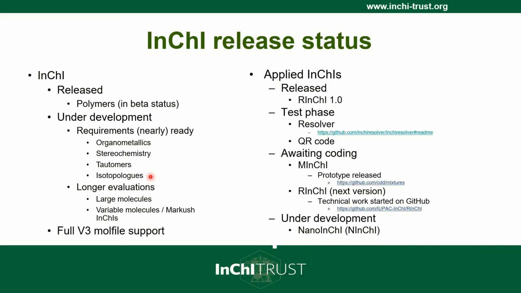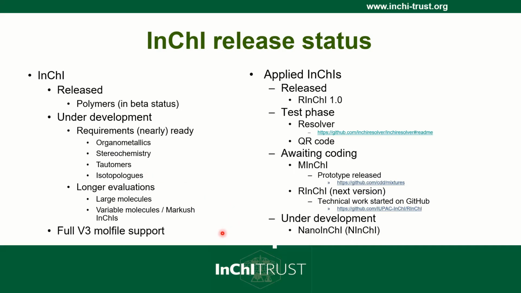And the variable molecules, the Markush InChIs, which is something between the representation of a mixture of xylene up to a full patent, is a discussion group as well. We have set up a first prototype, and now we're trying to get some more experiences.